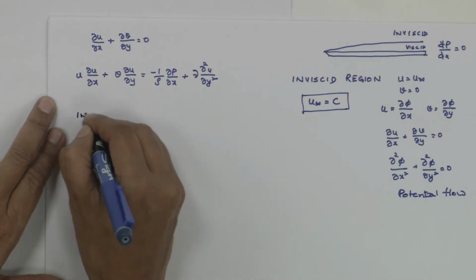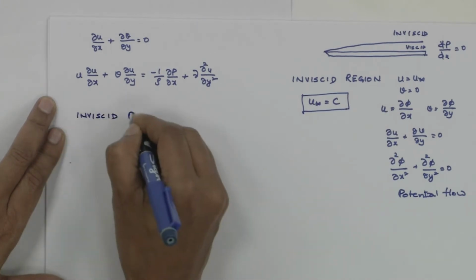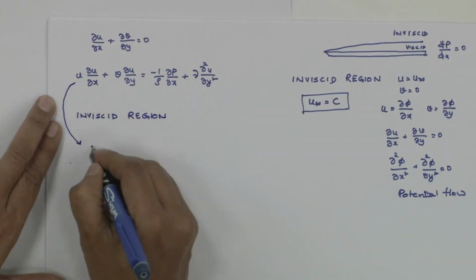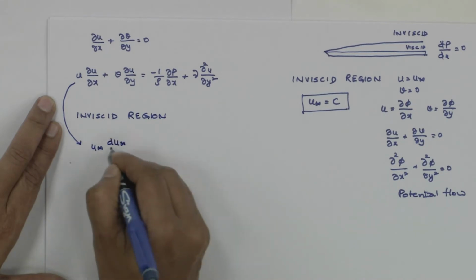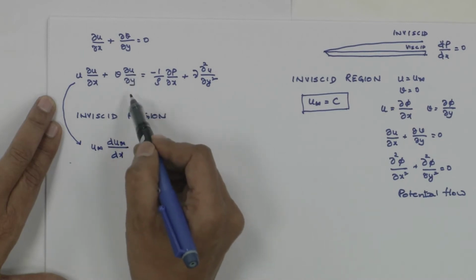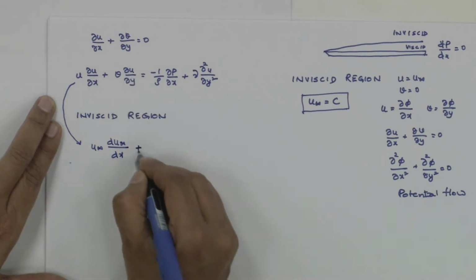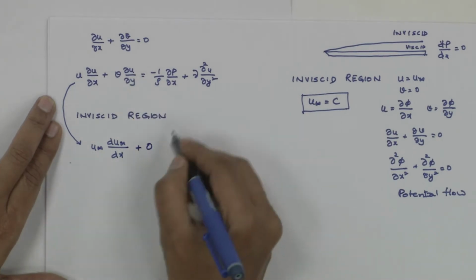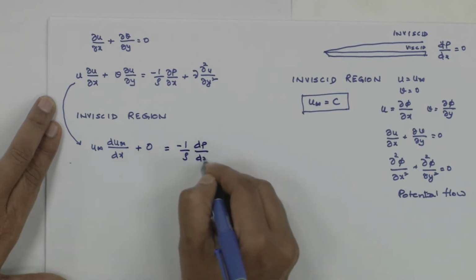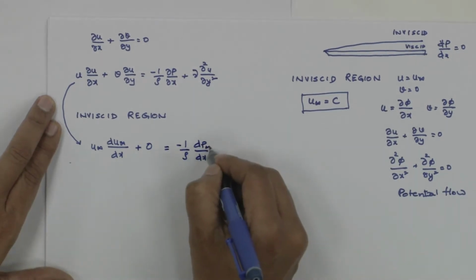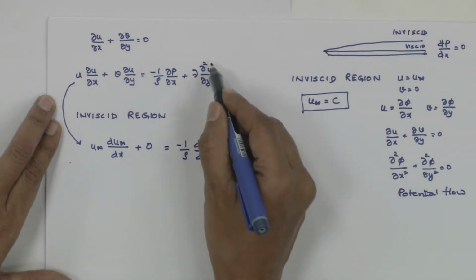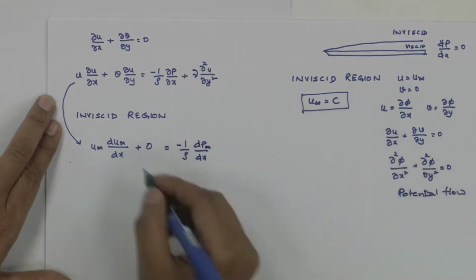So in the inviscid region, this boundary layer equation is going to become U infinity dU infinity by dx. Why did I write dU infinity? Because U is not a function of Y and V is 0. V is 0, so this term is 0, and you have equal to minus 1 by rho dP by dx, because we have just shown P is only a function of X, and in the free stream it is P infinity, plus nu into del squared U by del Y squared, which is 0 because nu is 0 in the inviscid region.